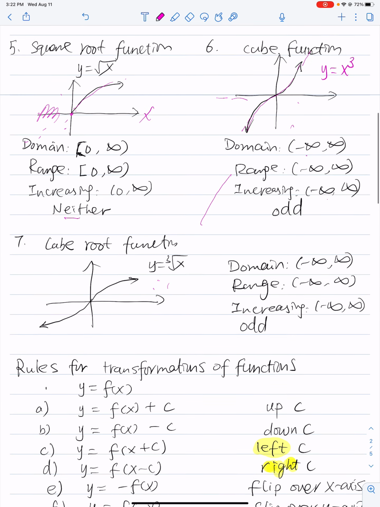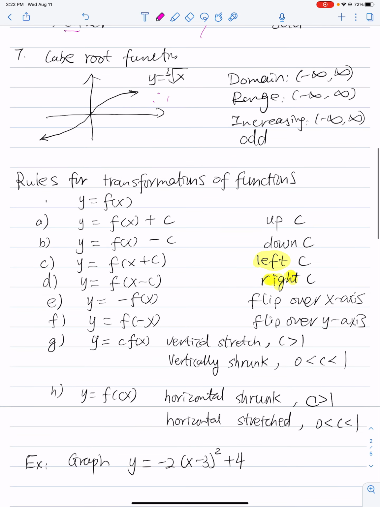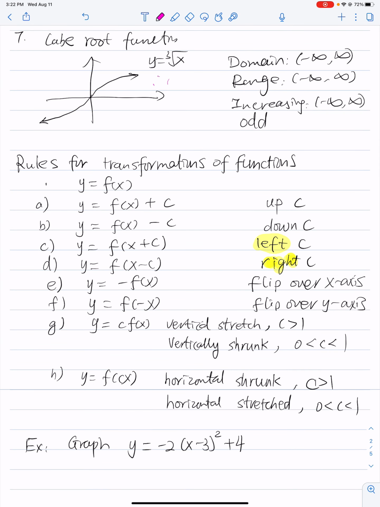Okay. So then the next thing that we wanted to do is the basic transformations of functions. If you are given function y equals f(x), if you add a constant after, this means what? Go up c. If you subtract, down c. This means outside the function you add or subtract.